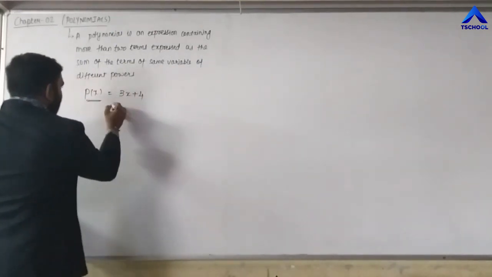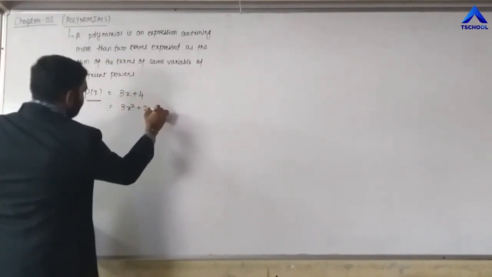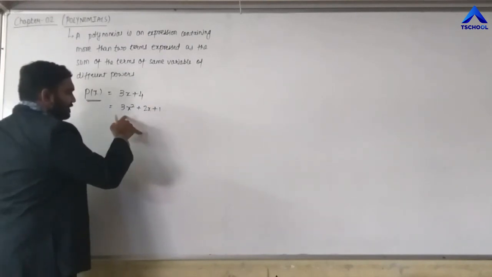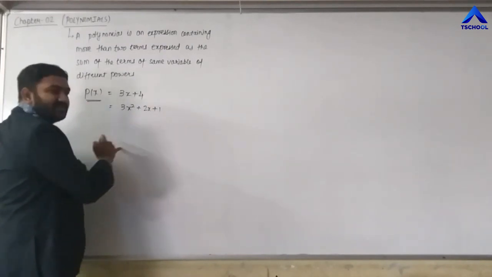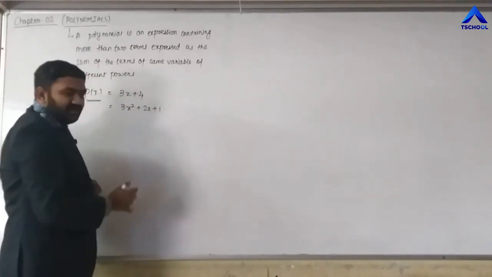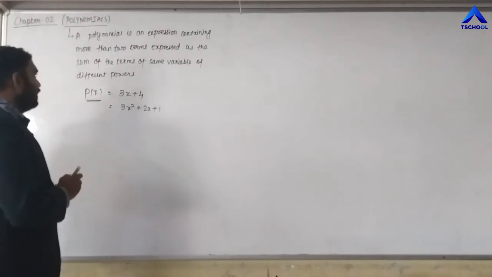Let me give another example: 3x square plus 2x plus 1. This is also a polynomial. The variables are the same, x, but the powers are different: here it is x square, here it is x raised to 1 and here it is x raised to 0. So these are all examples of polynomials, right?